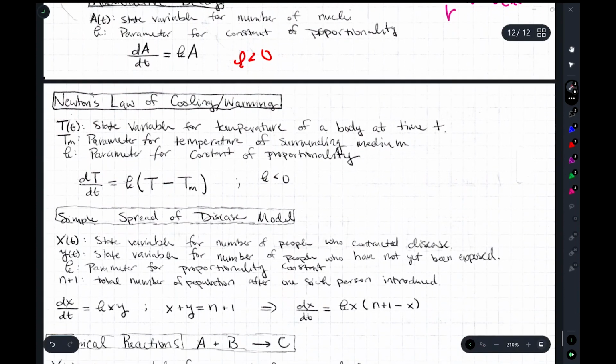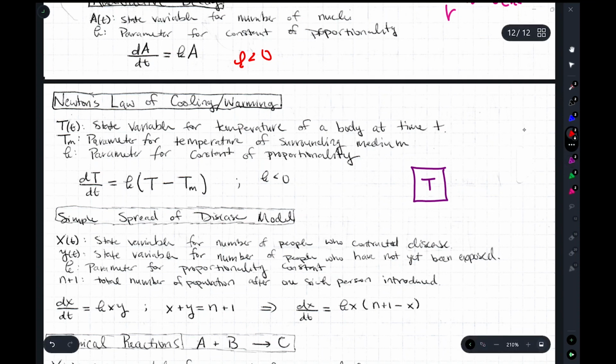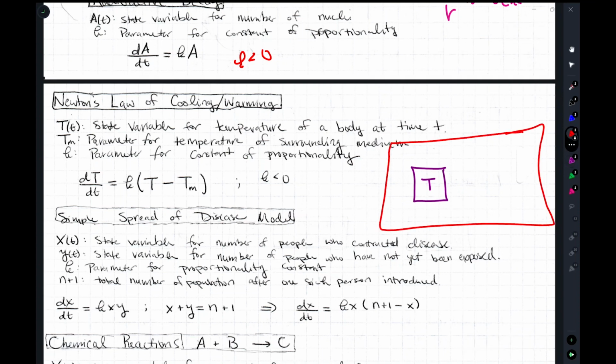We also have things like Newton's law of cooling and warming. And here we have some body, okay, with a temperature T, surrounded by a medium that's larger and has a fixed temperature Tm. So we'll assume Tm is constant.